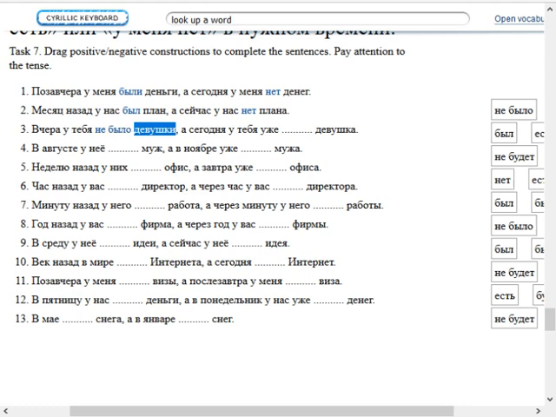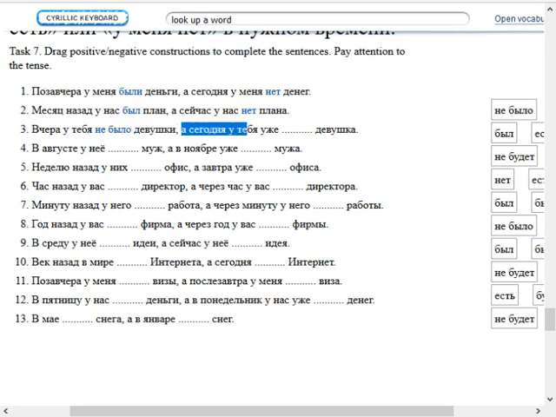I'm starting to wonder if this site is actually not buggy, but just wrong, just plain wrong. If anybody, any native Russian speaker, wants to comment on this, please let me know, because I am now very confused. Why should this be было when there's no, as far as I can see, no reason for that? Okay, let's just move on.